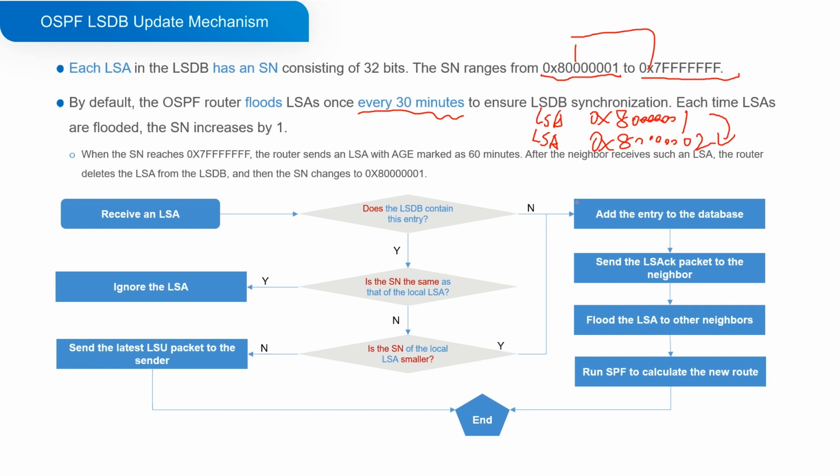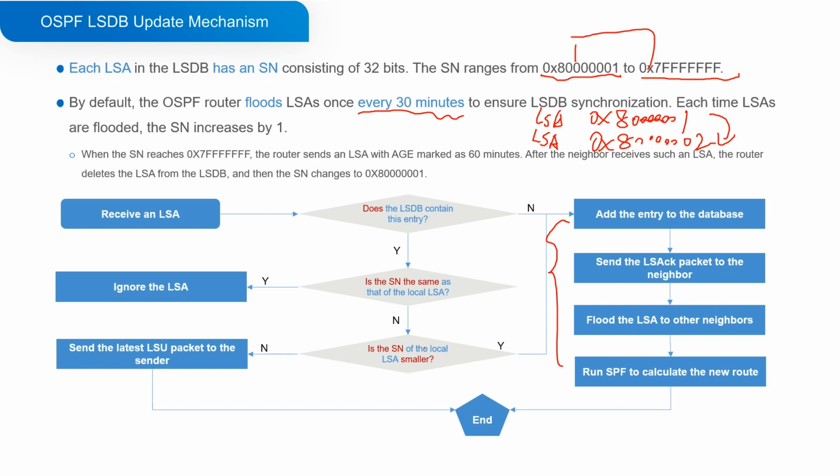Of course, we add the entry to the database, send the RSACK packet to the neighbor, flood the RSA to other neighbors, and run SPF to calculate the new routes. We have to do all of this because the RSA's SN number is bigger than mine, so we have to update the RSDB.